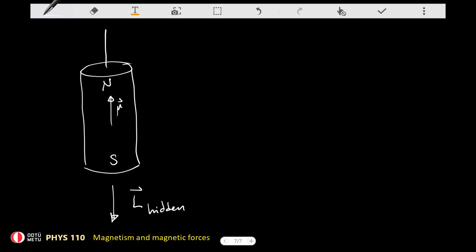Suppose that we do an experiment where, by applying some external magnetic field using electromagnets, we switch the positions of the north and the south poles. It's not easy to do by yourself with magnets, but in the labs we can do that. We just place them inside some electromagnets.